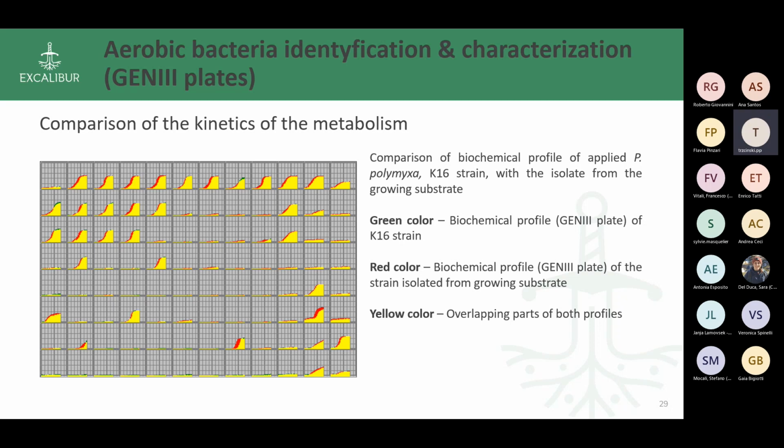Another example: in the Excalibur project, we used Paenibacillus polymyxa strain K16. We were able to re-isolate some of the Paenibacillus from the growing medium or from the substrate, and to compare these isolates with the reference strain. We found that in the peat medium we have the same strain, with the same kinetics of metabolism and the same DNA profile.